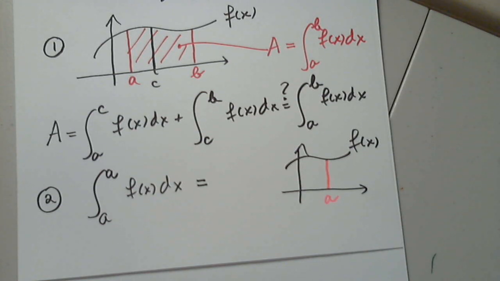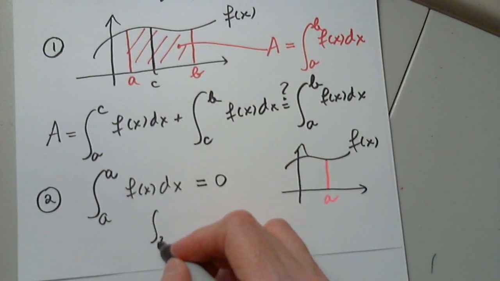What do you think this equals? The integral from a to a, from f of x dx. 0. Exactly 0, because there is no base.